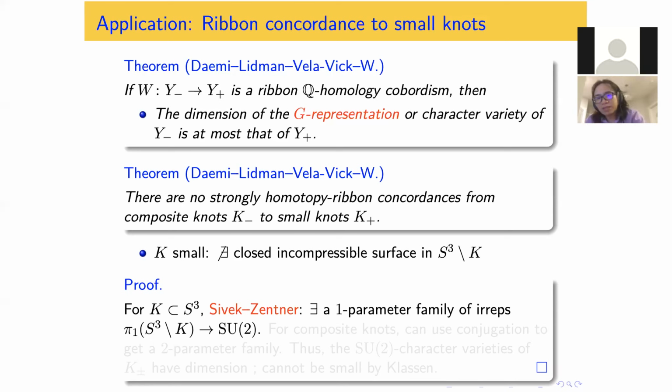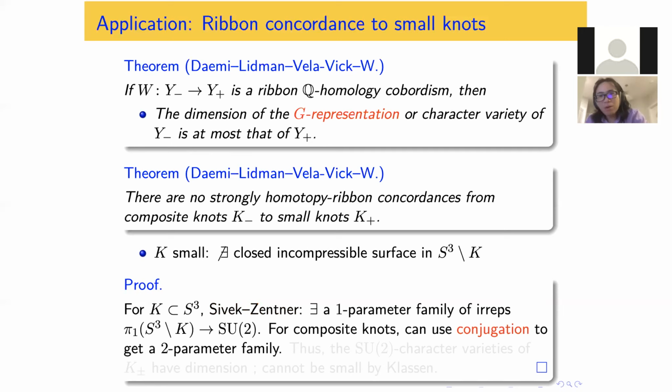You can think of this result by Sivek and Zentner as a strengthening of the Kronheimer-Mrowka result that says that there exists an irreducible representation into SU(2). Kronheimer-Mrowka proved this using instanton Floer homology, and in fact, Sivek and Zentner's proof uses a perturbed Chern-Simons function. So you perturb the Chern-Simons function for instanton Floer homology, roughly speaking, and you get this result.